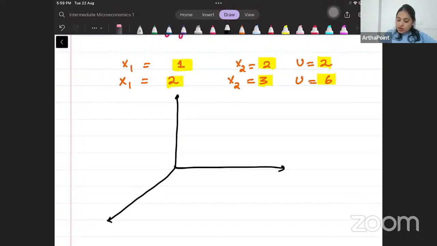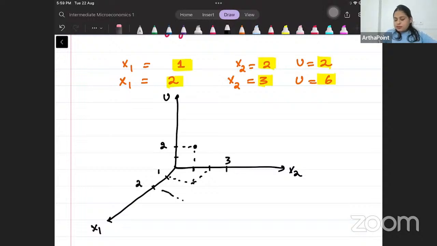क्यों भाई? क्योंकि जब हमने x1 ले लिया, ये हमने x2 ले लिया, ये हमने u ले लिया यूटिलिटी. जब x1 1 था और x2 2 था, तो यूटिलिटी 2 की थी. और जब x1 2 हुआ और x2 3 हुआ, तो यूटिलिटी कितनी हो गई? यूटिलिटी 6 की हो गई.